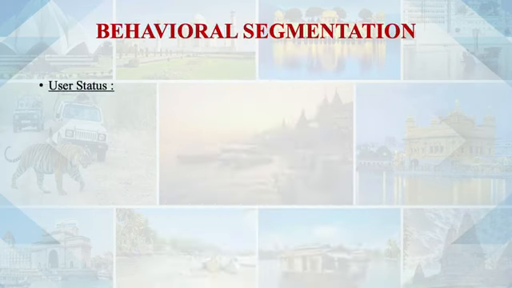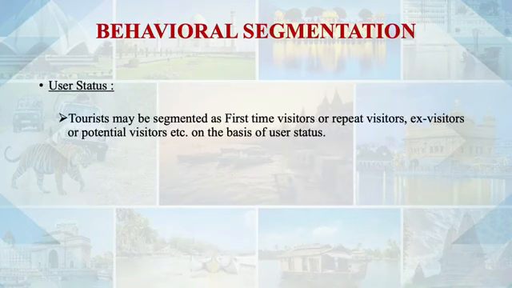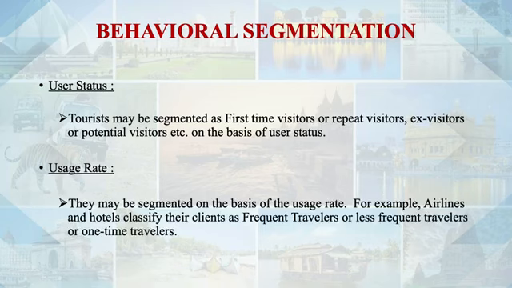This includes user status. Tourists may be segmented as first-time visitors or repeat visitors, ex-visitors or potential visitors on the basis of user status. Another one is user rate.